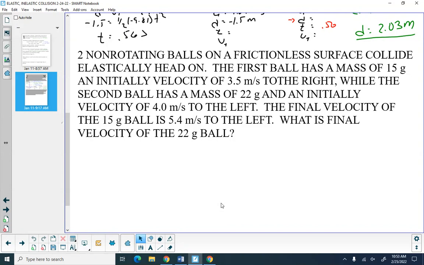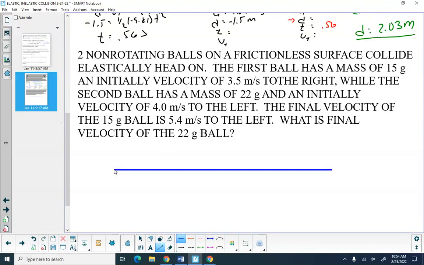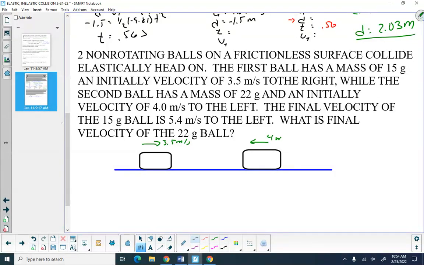Okay, so what we have here are two masses sliding on a frictionless surface. The one is traveling to the right at 3.5 meters per second, and the other one is traveling to the left at 4 meters per second.